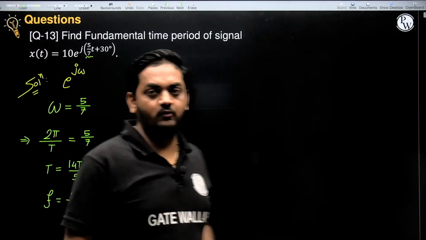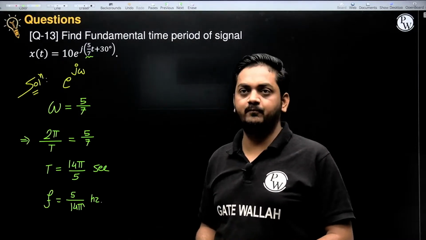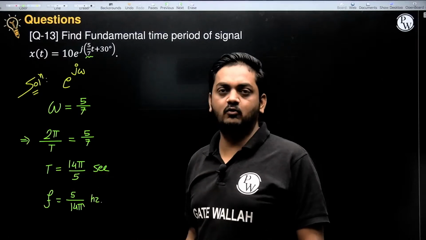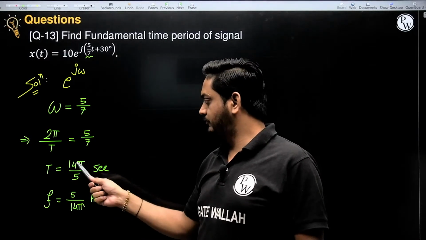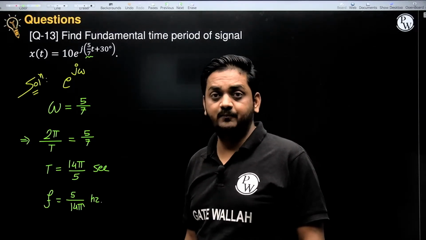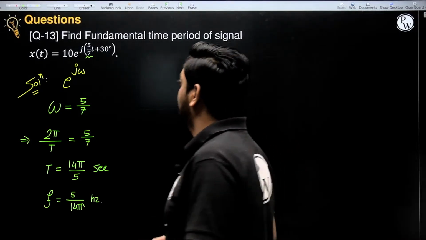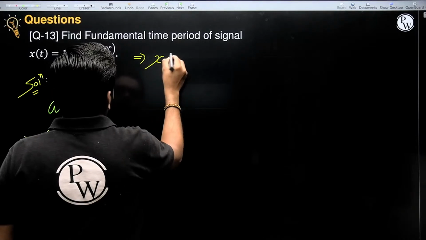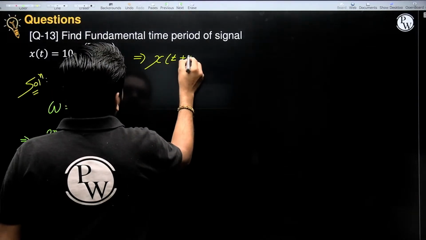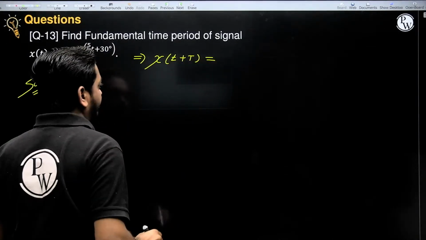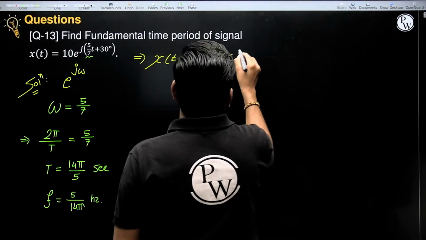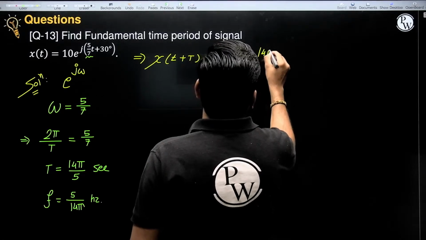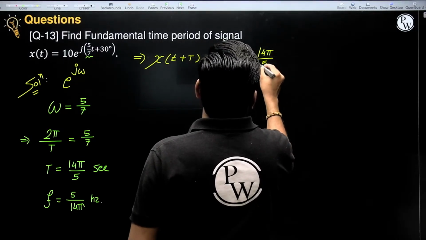Now we want to cross verify whether our answer is right or wrong. We got the answer T equal to 14 pi by 5. How to check? Already we know that if it is periodic, x of t plus capital T should be x of t. So let us find x of t plus T. Here we got capital T as 14 pi by 5.